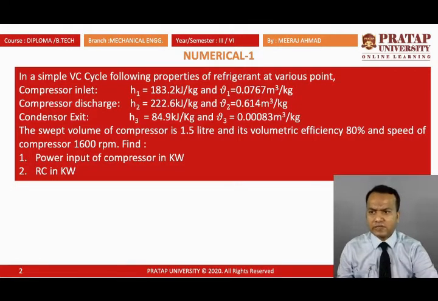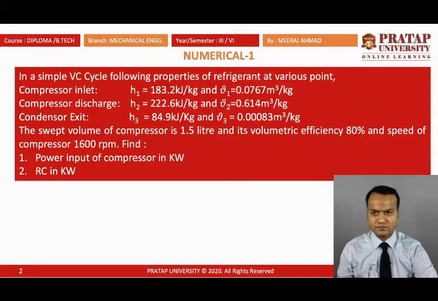The first one: in a simple VC cycle, the following properties of the refrigerant at various points are given. The refrigerant at the inlet to the compressor has H1 equal to 183.2 kilojoule per kg, and specific volume V1 equal to 0.0767 meter cube per kg.